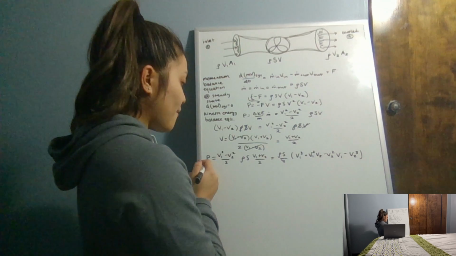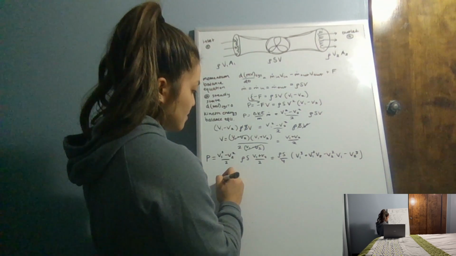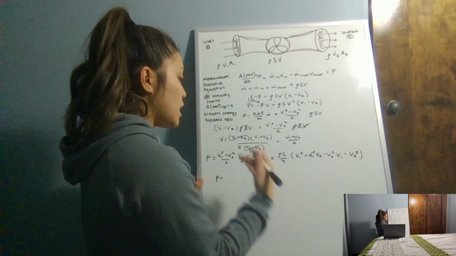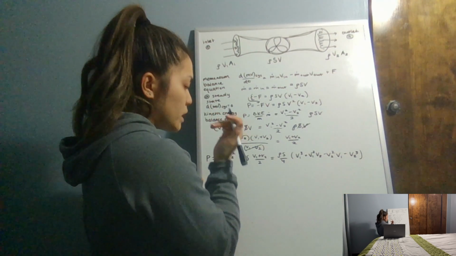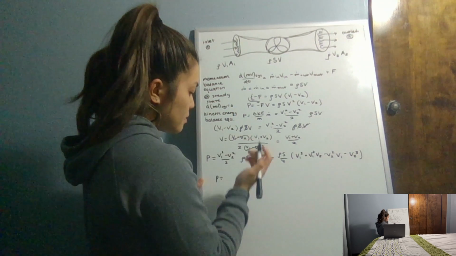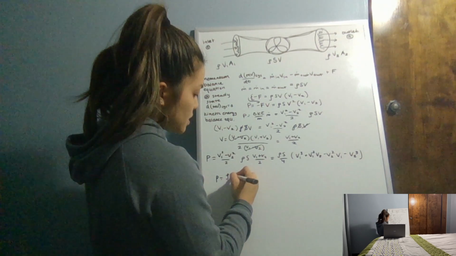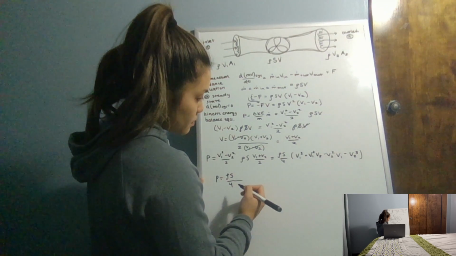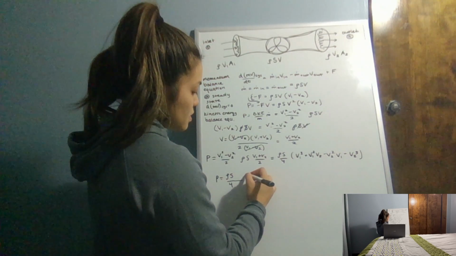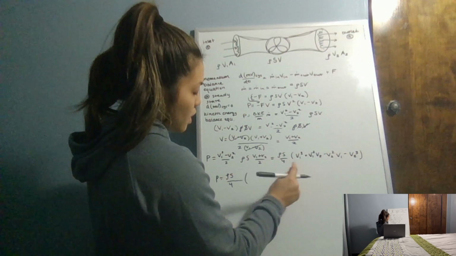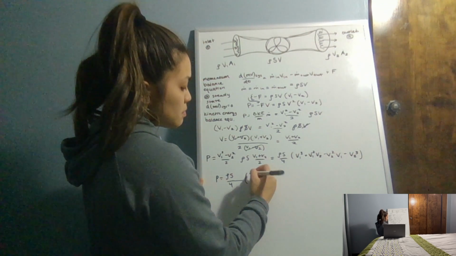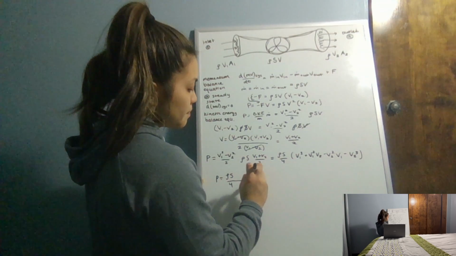And so that will give us the power is equal to, distributing out velocity 1 cubed, the density times the area divided by 4 times velocity 1 cubed distributed out, so dividing by velocity 1 cubed is going to leave us with just 1.